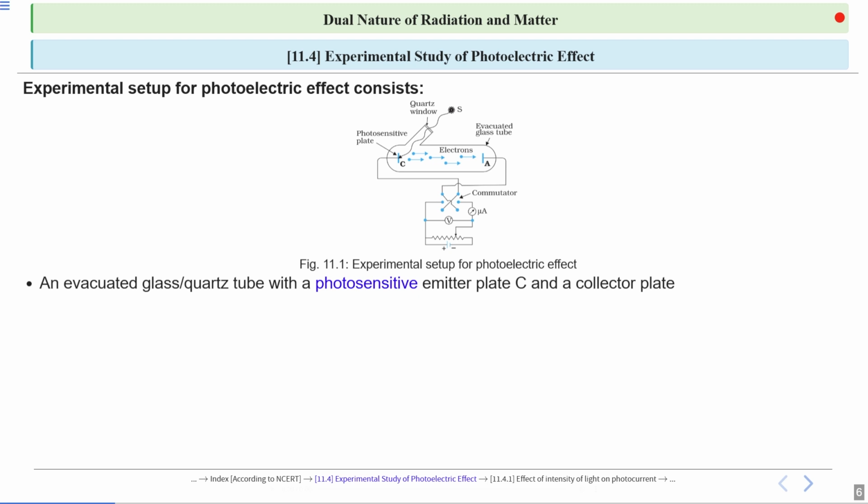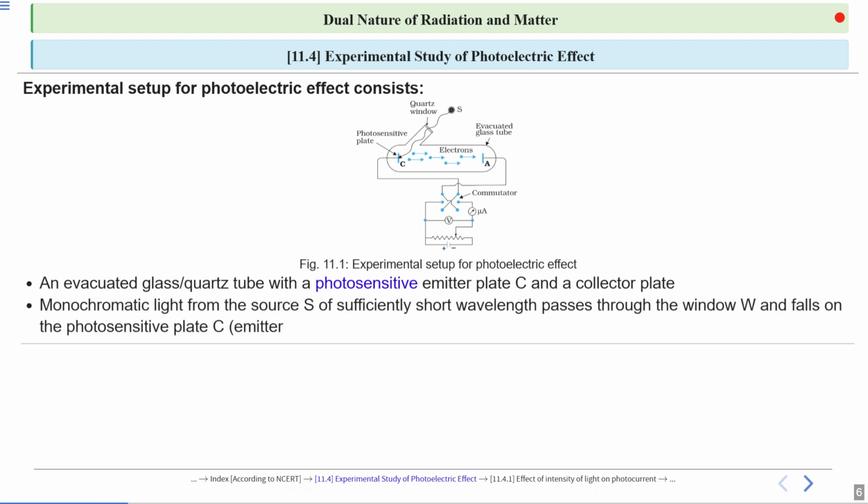Now, focus on the first key component. The evacuated tube contains a photosensitive emitter plate labeled C and a collector plate. Photosensitive means that the material responds to light by releasing electrons. The vacuum inside the tube ensures that electrons can travel freely from the emitter to the collector without colliding with air molecules.